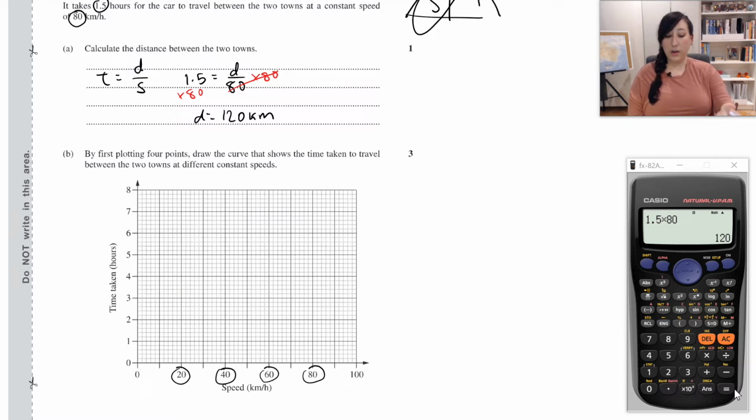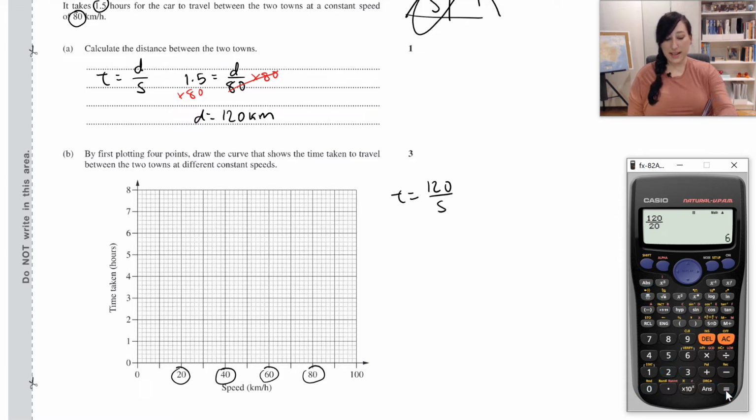So our equation is t equals d over s, but now we know that d is 120. So t is 120 over s. So when the speed is 20, time will be 120 divided by 20, which is 6.